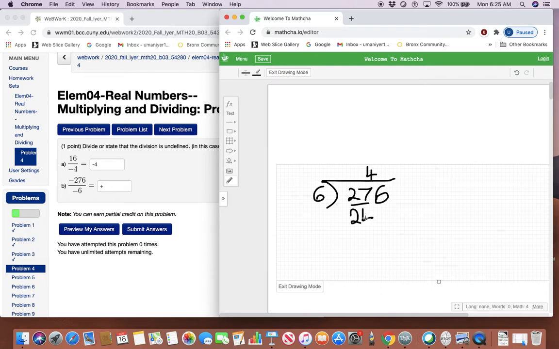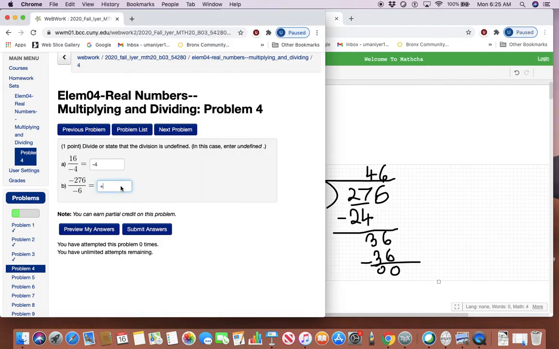Notice how I have written 4 above the 7, because that was the last digit I needed. Subtract, that's a 3. Now bring down the 6. 6 times 6 is 36. Alright, answer is 46. But remember, WebWork does not want you to use the plus symbol.